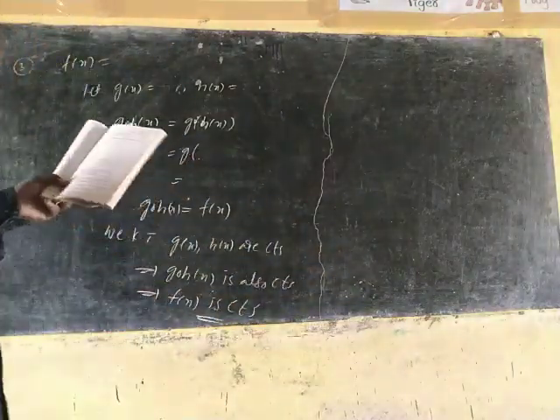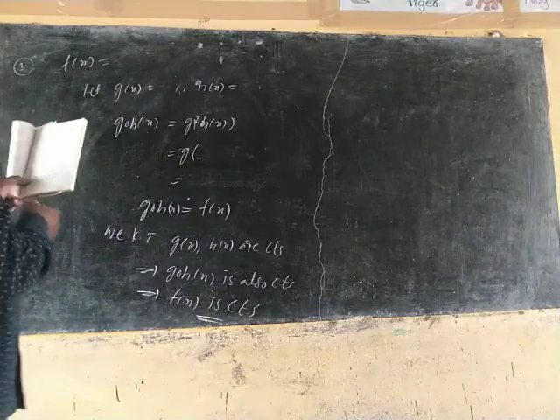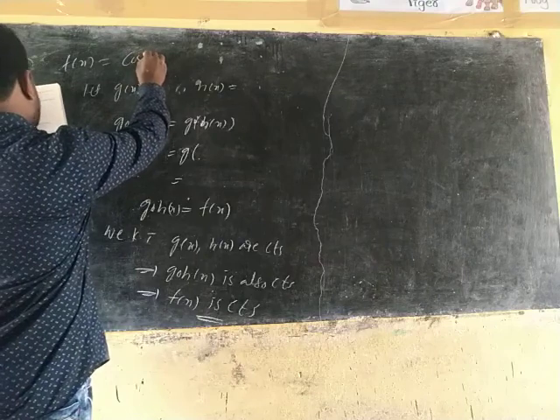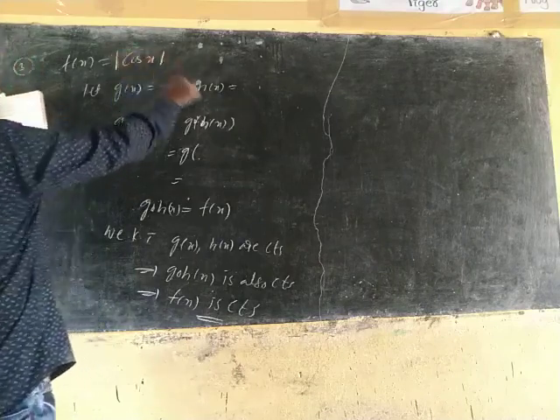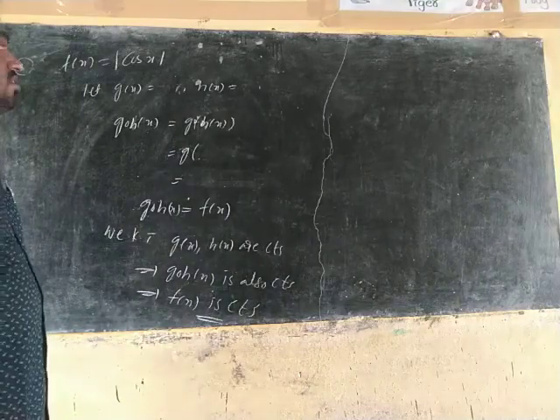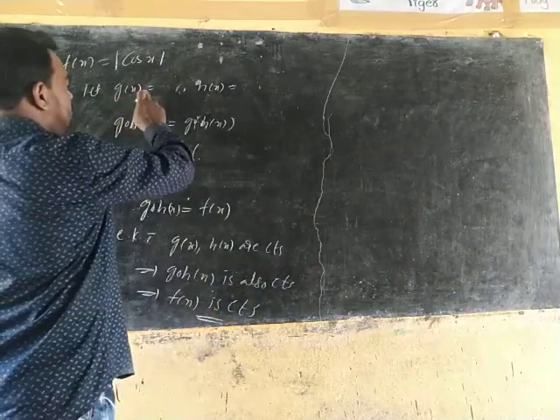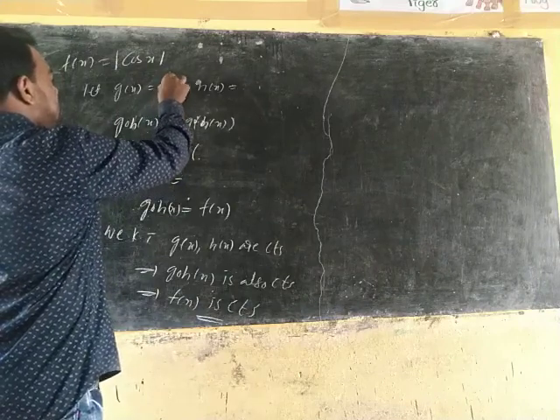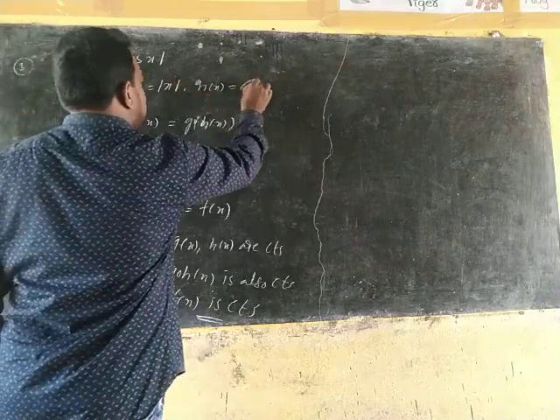Question number 32. Show that the function defined by f of x is equal to modulus of cos x is continuous function. So what I am assuming here, g of x is equal to mod x, h of x is equal to cos x.